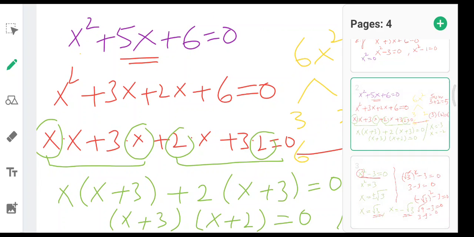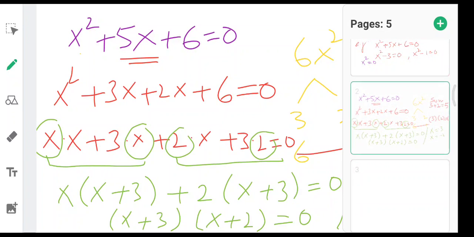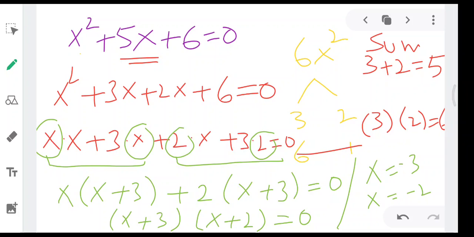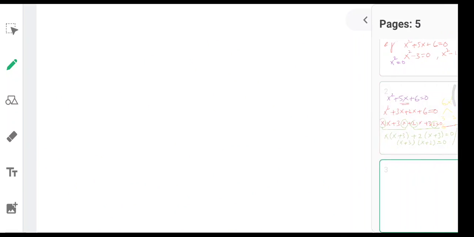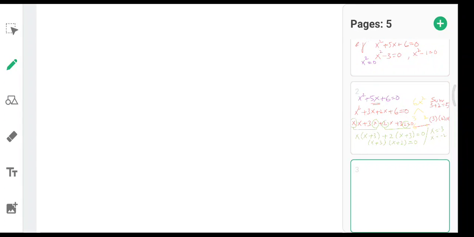Now if you want to go further in this concept, take x square plus 5x plus 6, where the zeros were minus 3 and minus 2. I'll take here x square plus 5x plus 6 equals 0.